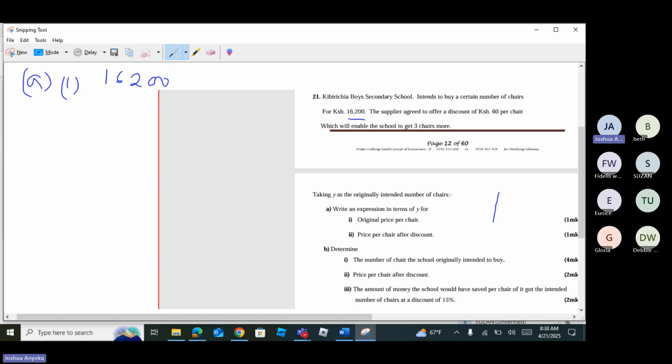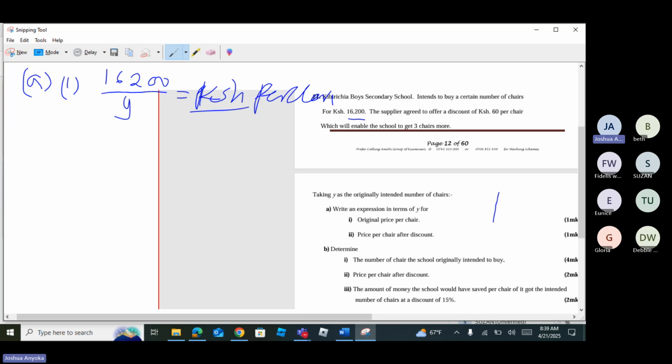Now, price per chair, we divide by the number of chairs to be bought. Why? Because the amount divided by the number of chairs will give us the price per chair, which is in Kenya shillings. This is the original price per chair.